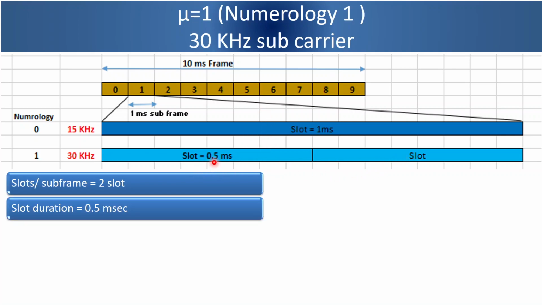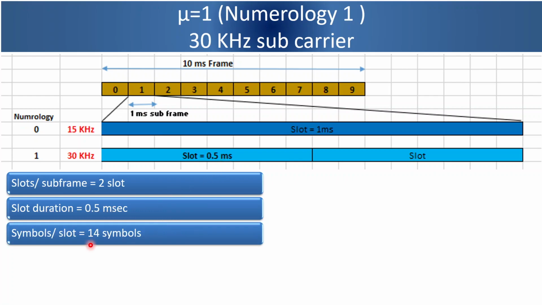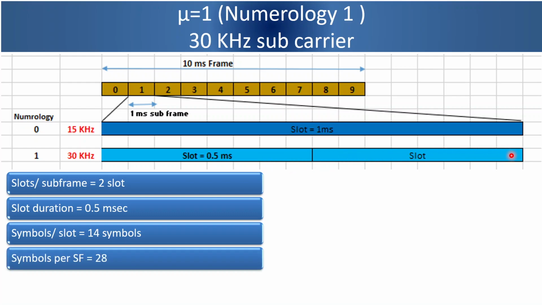Now every slot duration will be half of the subframe duration, so it becomes 0.5 millisecond. So slot duration is 0.5 millisecond, and number of symbols per slot is 14. So now we have 14 symbols here, 14 symbols here. So in one subframe, in one SF, number of symbols will be 14 plus 14 is equal to 28.